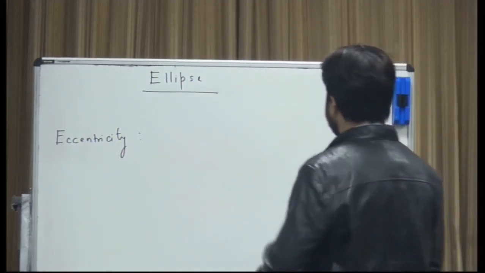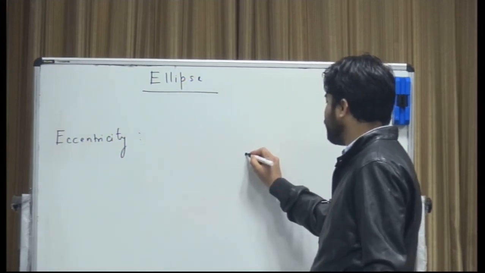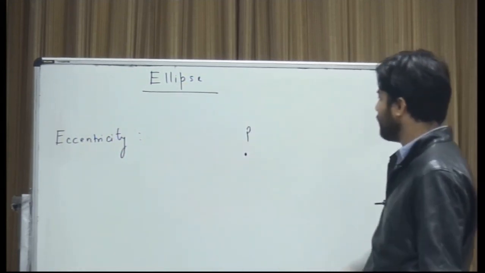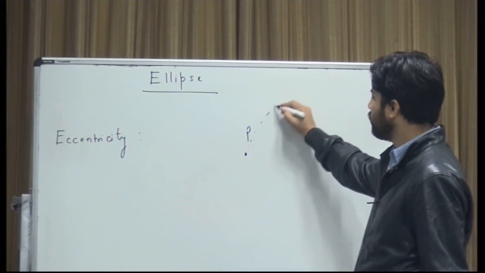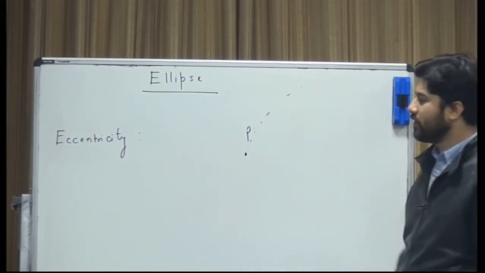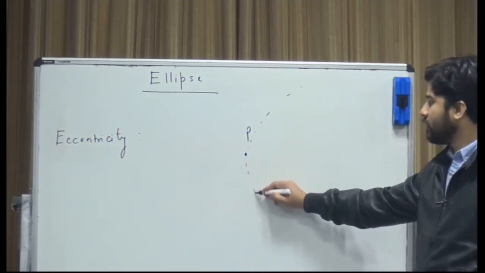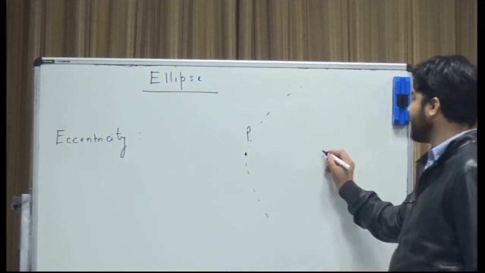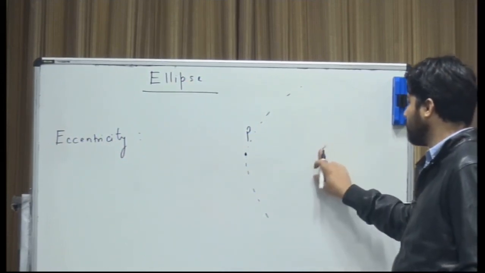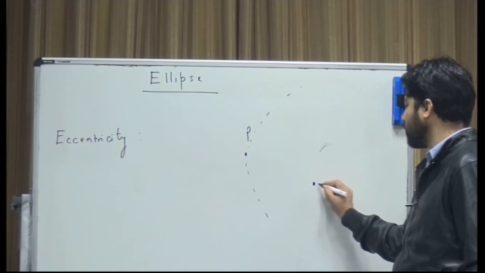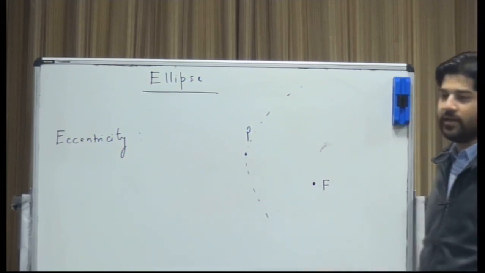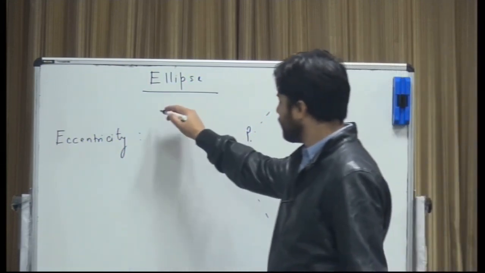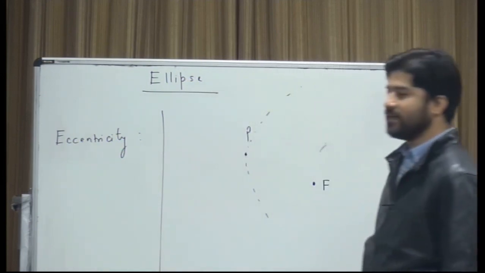If you say P is a moving point, means it's on some curve, right? And then you have a fixed point F, and then you have a fixed line.